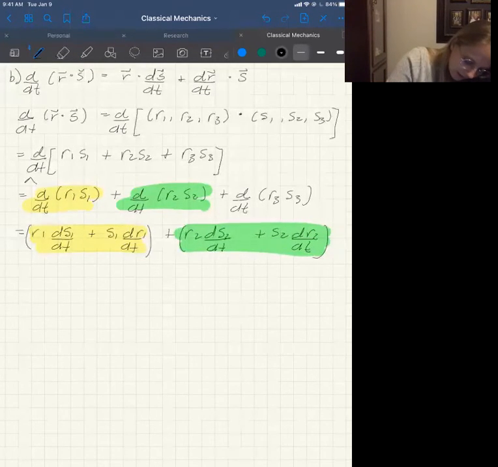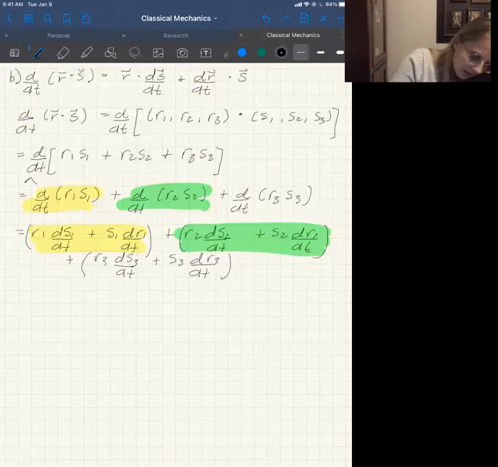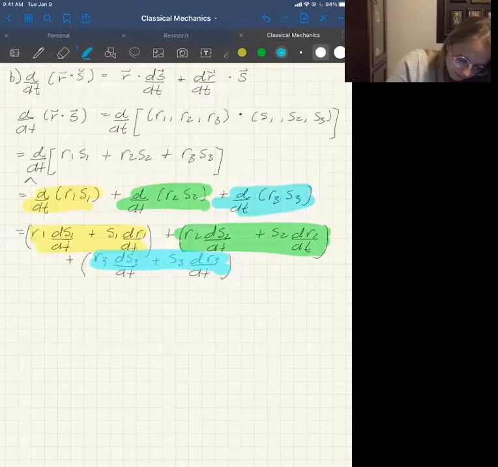And finally, the last term gives you that the derivative of R3 times S3 is R3 times the derivative of S3 plus S3 times the derivative of R3. And just to finish the color coding, this last term here gives this.